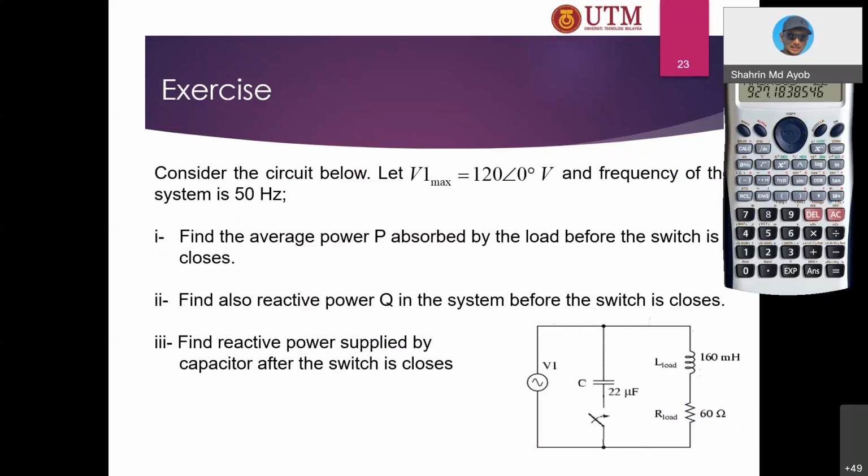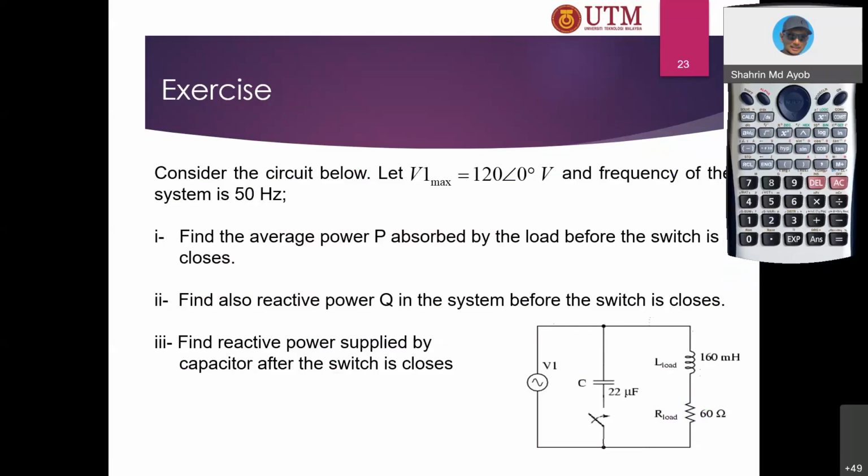So you can have this one. Try 5 minutes, then we will proceed with the discussion on the solution. If you want to go to the toilet first, okay. So after this, we will discuss.